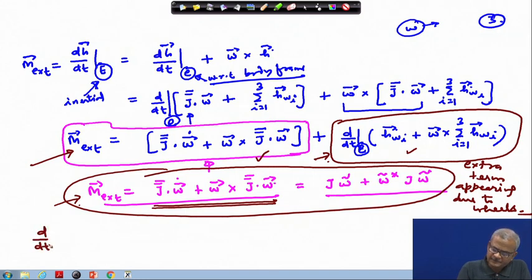So, d by dt, we can do it on the next page.